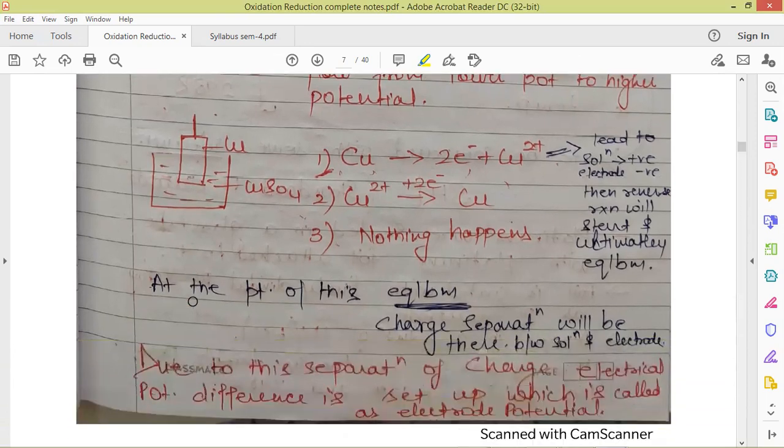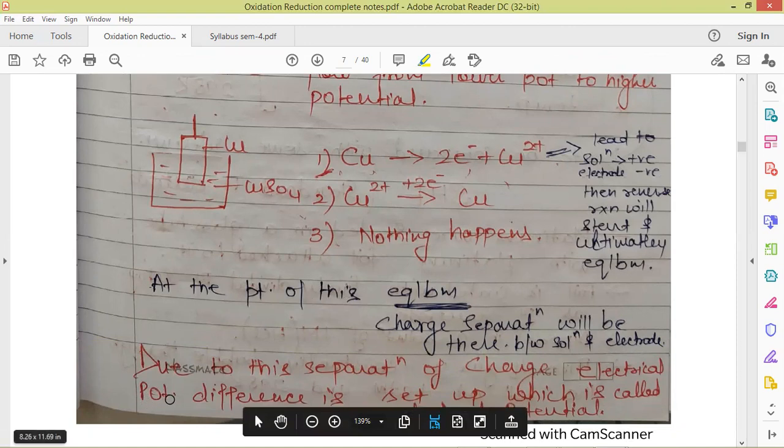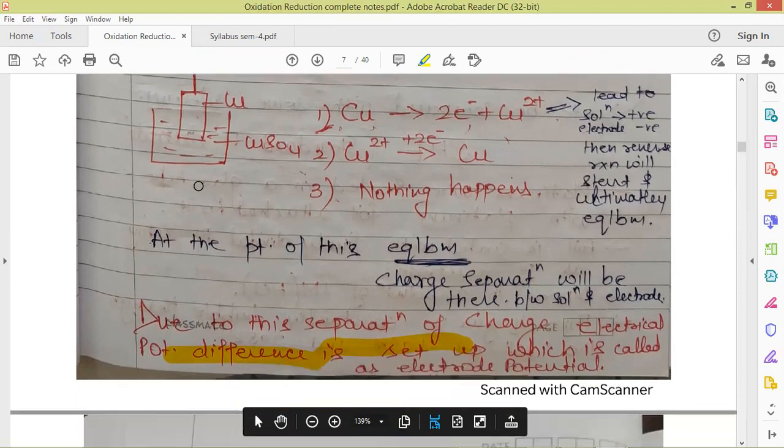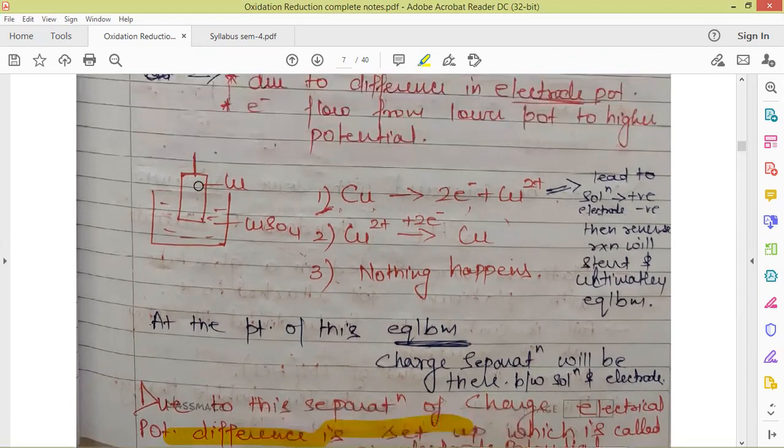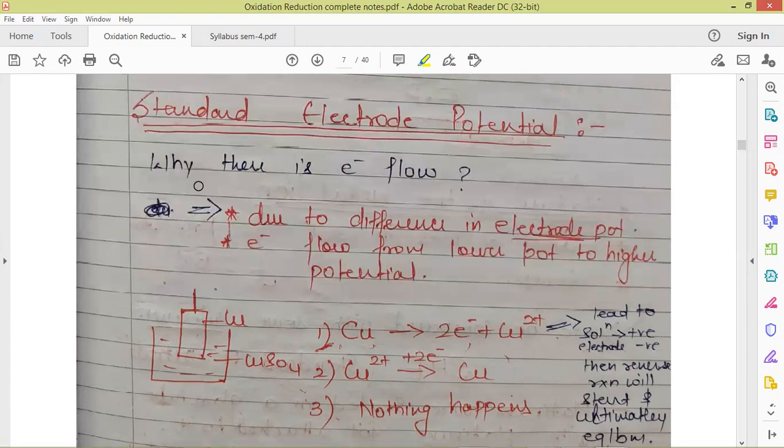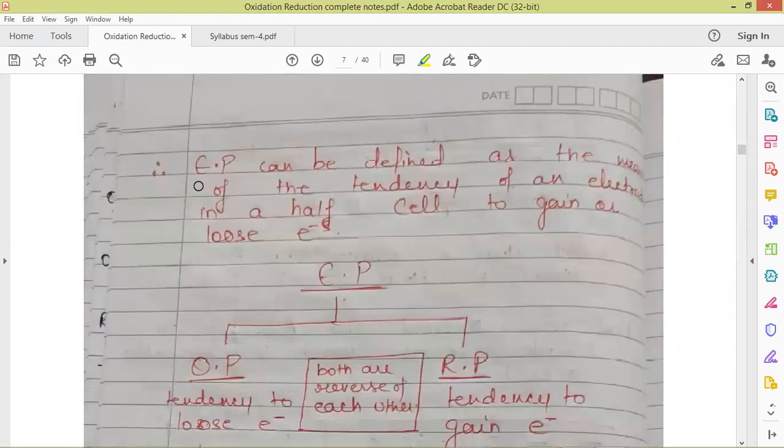At equilibrium, there will be charge separation between the solution and the electrode. Due to this charge separation, an electrode potential difference is set up between the solution and the electrode, which is called electrode potential. This electrode potential is the driving force for the flow of electrons.